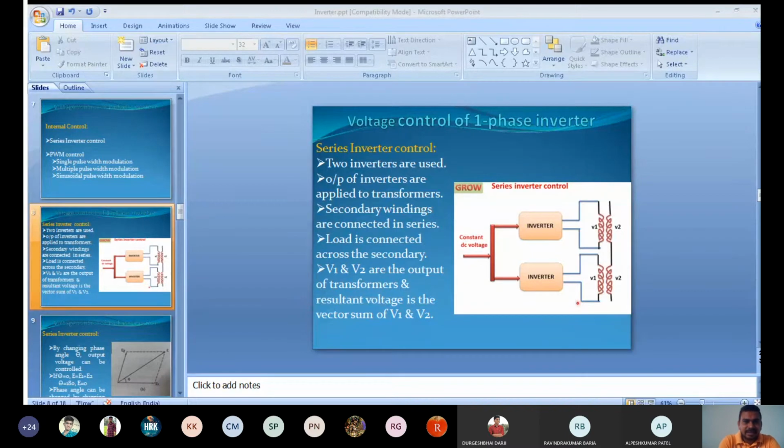Okay, this is the first time period, this is the second time period, and this is the third time period. So this carrier signal has more frequency, so it generates more than one pulse per half cycle. So this is the half cycle, and in this half cycle we have generated 3 pulses.